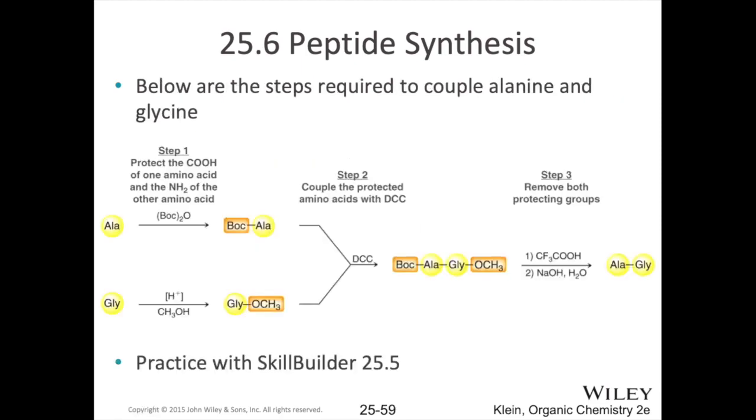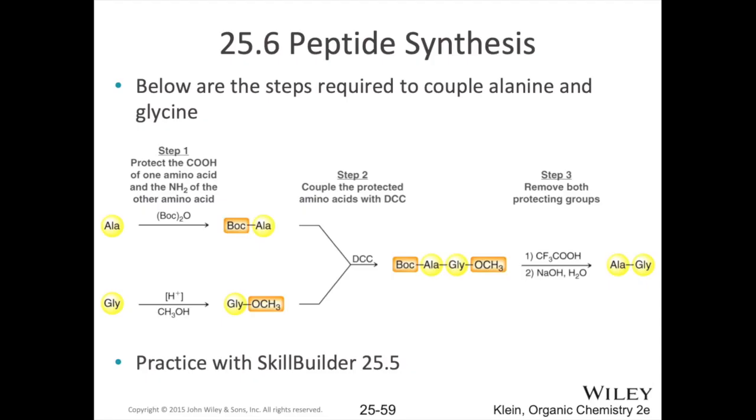Okay, so we have to add these extra steps in. So 2 extra steps for each amino acid, a protecting step and a deprotecting step. And that's just necessary in order to selectively produce the amino acid or the peptide combination that we want.